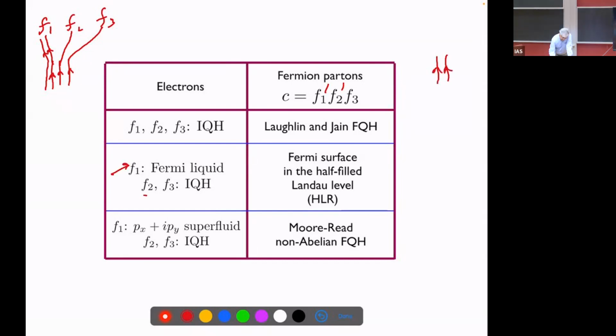So you have 2 flux quanta, 3 partons, and they go into 2 of them, F1 and F2, and there's no magnetic field on the 3rd one, so that will form a Fermi surface. And then if you do fluctuations about this and integrate out these filled bands, you will get the HLR theory for the half-filled Landau level.